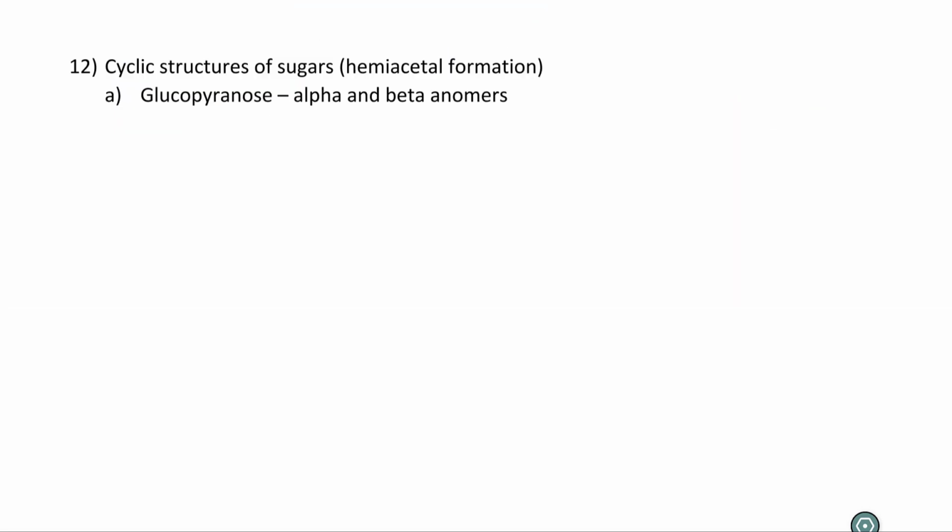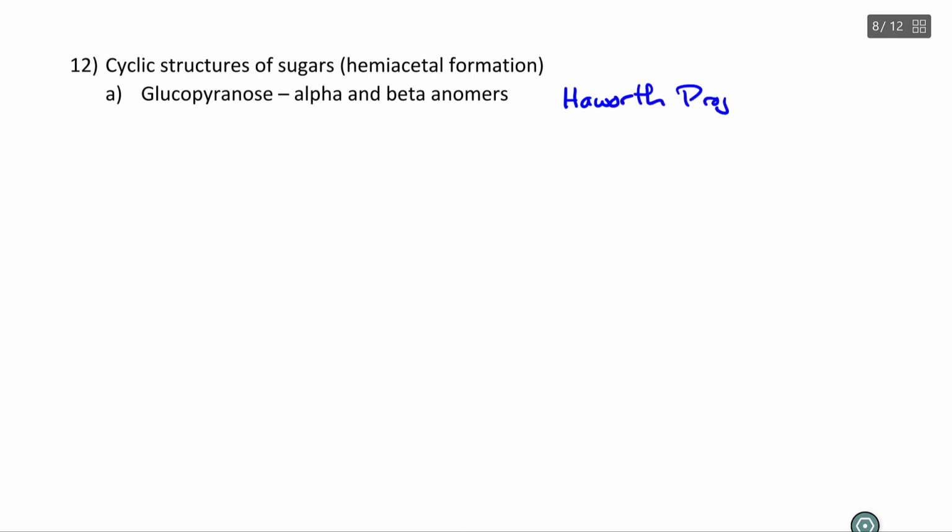So the next thing to talk about is the cyclic structures of sugars. There's a different kind of drawing style, and you see this a lot in biochemistry and biology, and they're called Haworth projections of sugars. If I draw one for you, you'll probably immediately recognize this structure.